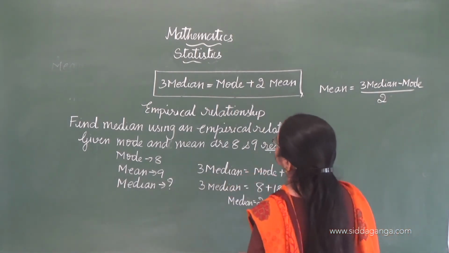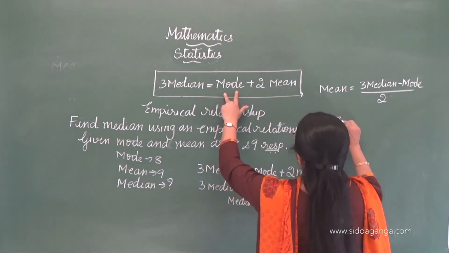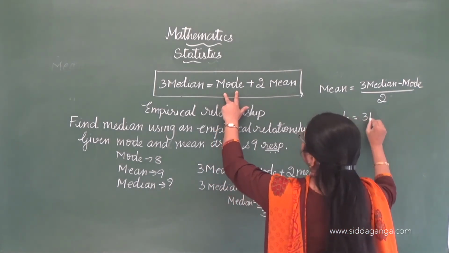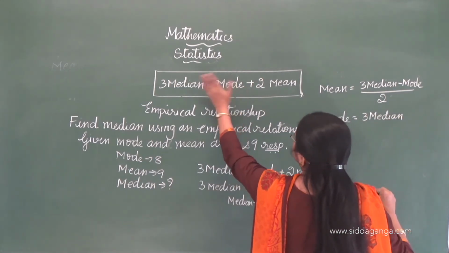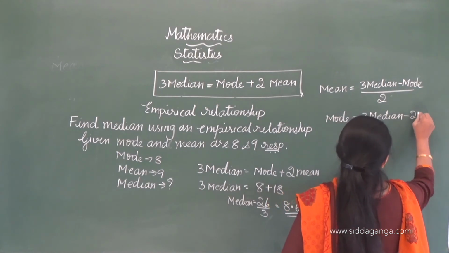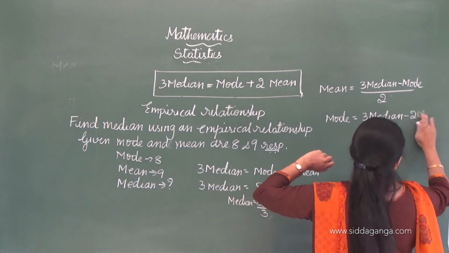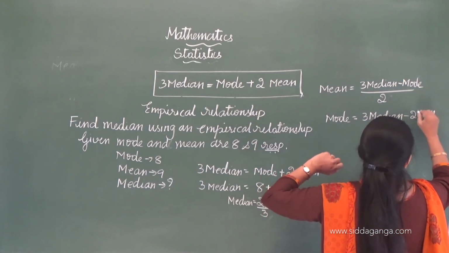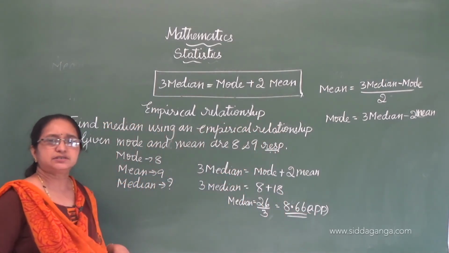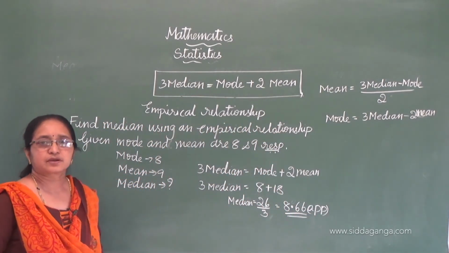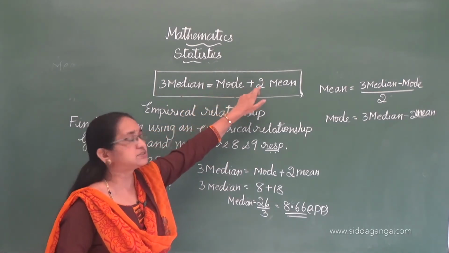Suppose you want the mode: mode is equal to 3 median minus 2 mean. Like this you can find any central tendency. I hope it is clear. So 3 median is equal to mode plus 2 mean.